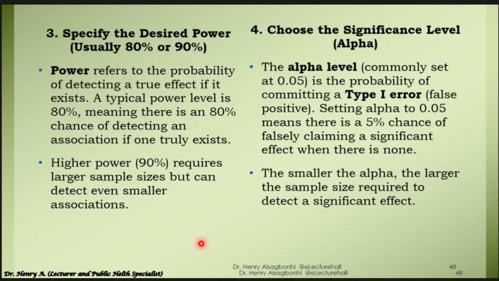And then you went to choose the alternative when actually it is not having any effect. You did not choose the null hypothesis, the original. You went to choose the other, when in the real sense it has no effect, and you went to say it had effect. So setting your p-value or alpha level at 0.05 means that there is a 5% chance of falsely claiming a significant effect when there is none.